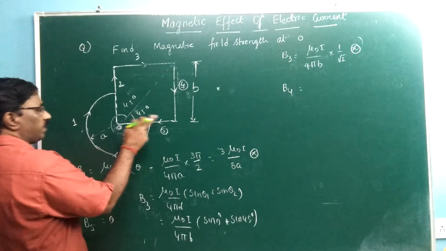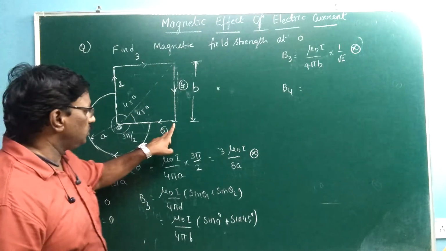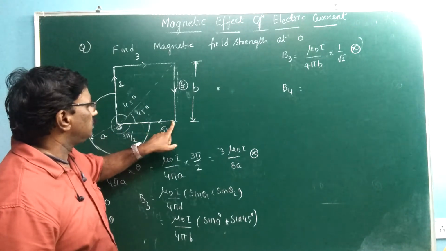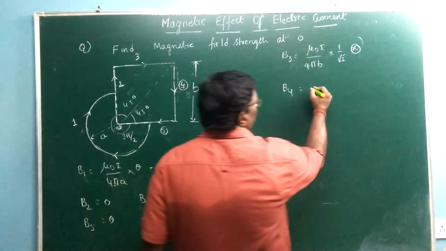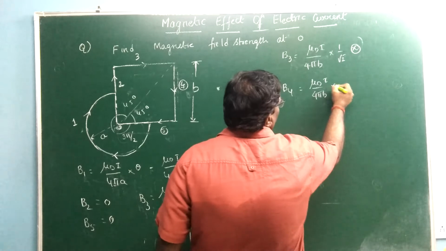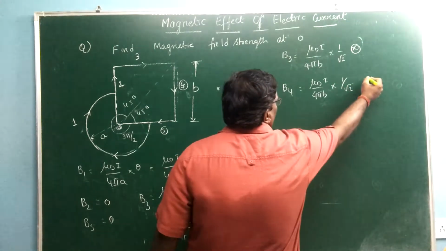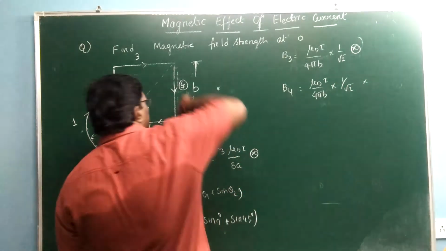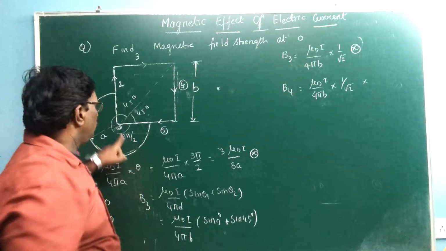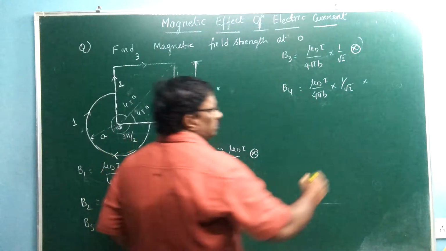So one angle is 45, the other angle is 0. Do you know why it is 0? And the distance is the same. What is the perpendicular distance? It is b. So mu naught I by 4 pi b into the same 1 by root 2 we will get. And this side it is out and this side it is into. You require the point which is into. So this is also into.